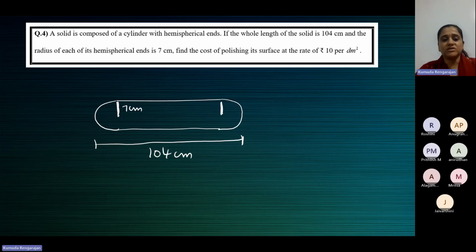Okay, so this solid is a cylinder with hemispherical ends, and the whole length of the toy is 104 centimeters. So what is the whole length made up of?